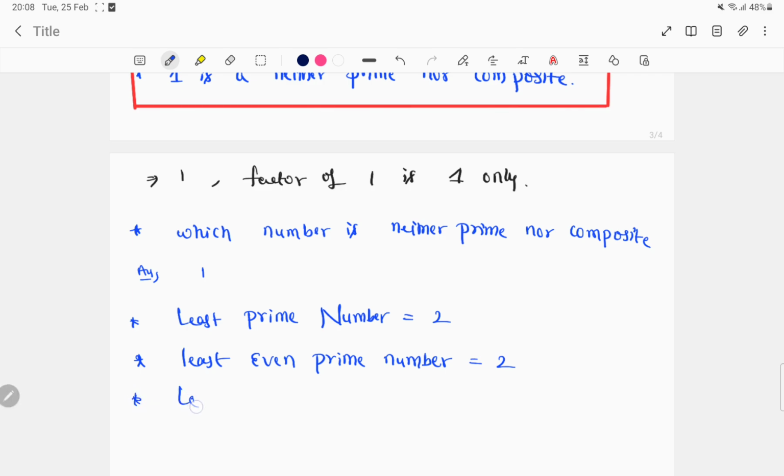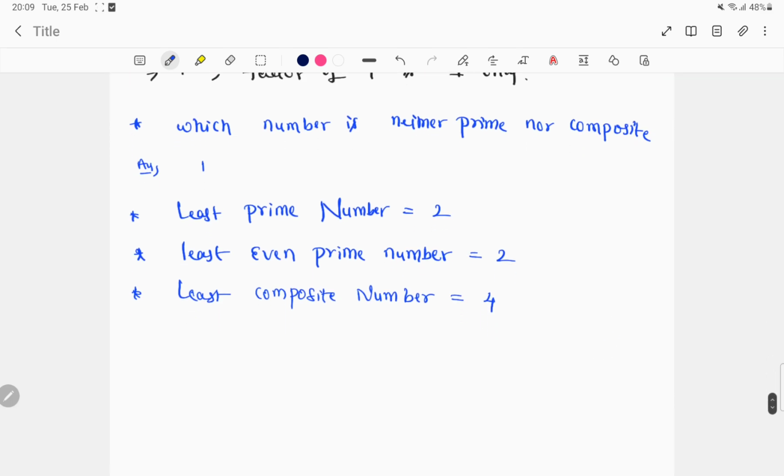Next, the least composite number is 4. So composite numbers start from 4. For example, if I take numbers 1 to 10: 1, 2, 3, 4, 5, 6, 7, 8, 9, 10.